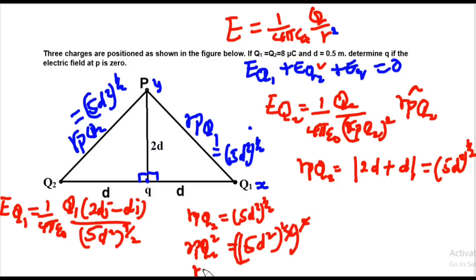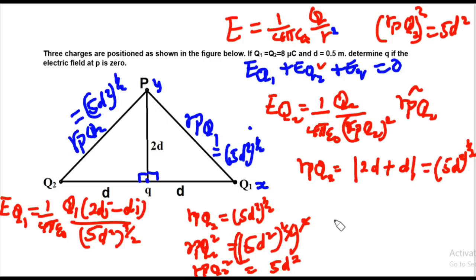We have that RPQ2 square will now be 5D square.